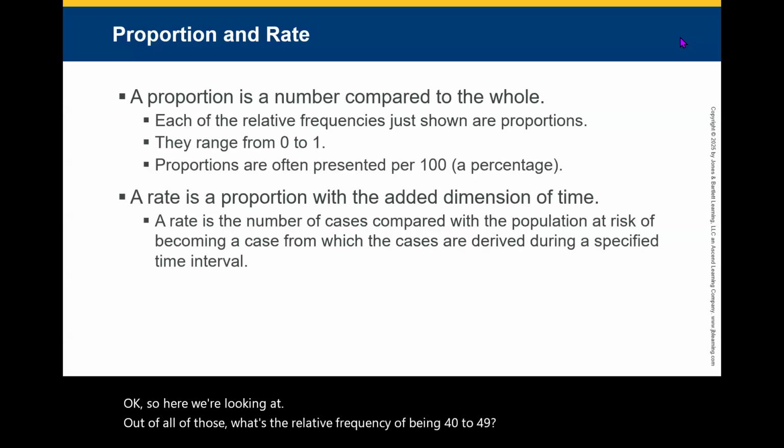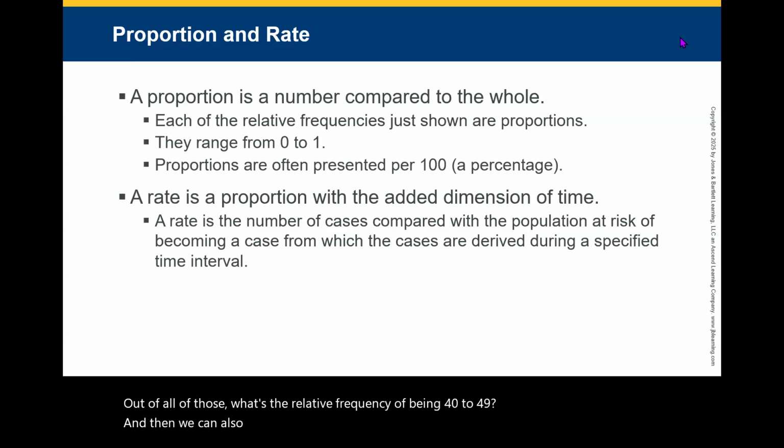And then we can also look at proportions and rates. So a proportion is a number compared to the whole. Okay, so these are going to range from 0 to 1, and they're often going to be presented per 100. Okay, so basically in a percentage.